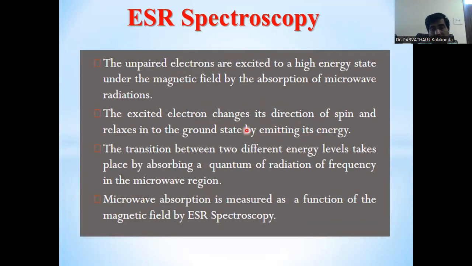So that transition happens between the two different energy levels by absorbing the quantum energy, which is h nu, but the frequency should be in the range of microwaves. So microwave absorption is measured as a function of the magnetic field. You can see this, but here keep in mind the magnetic field we are keeping constant.